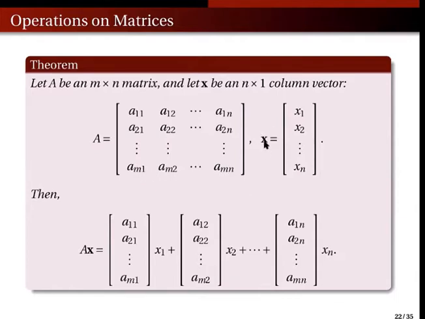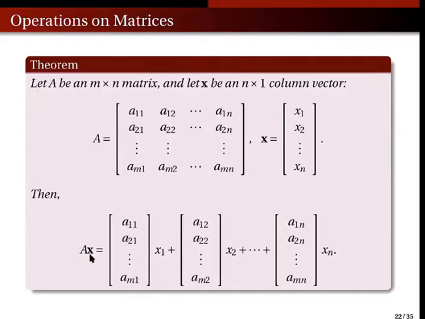And then x is a column vector, so entries are like this: x1, x2 until xn. Okay? So if we multiply A times x, then we will have the following.